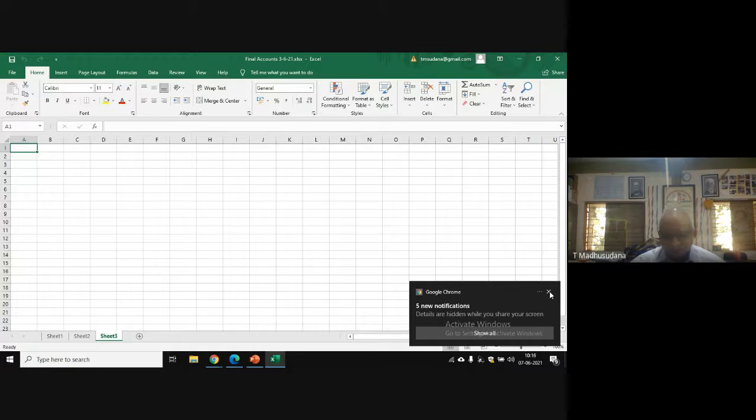Whatever bad debts provision is given in the trial balance is the old provision. Whatever is given in the adjustment is the new provision. In the previous problems, since the new provision was more than the provision given in the balance sheet, we showed the difference on the debit side of the profit and loss account.